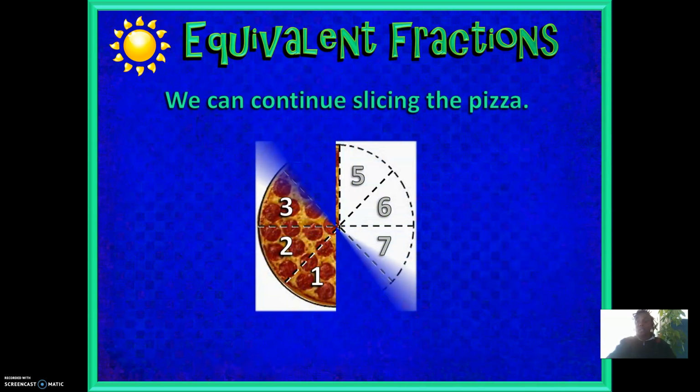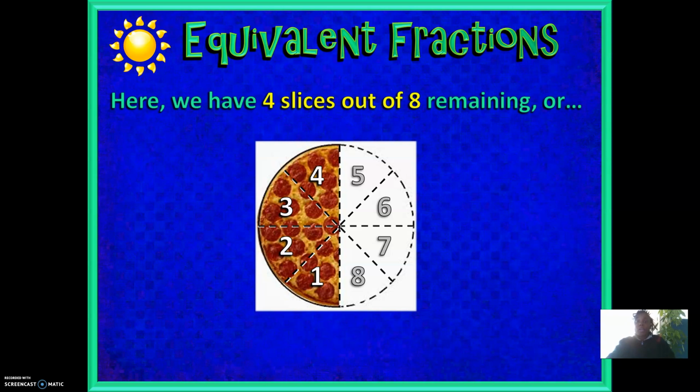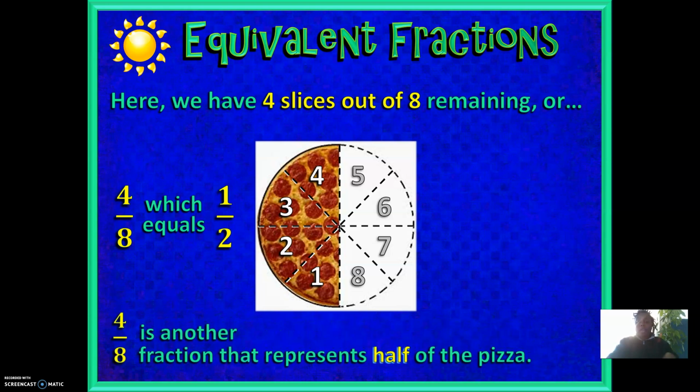We could continue to slice the pizza into more pieces, and let's say 8. So here we have 4 out of 8 pieces remaining, or we have 4/8 remaining, which equals 1/2 of the pizza remaining. 4/8 is another fraction that represents half of a pizza.